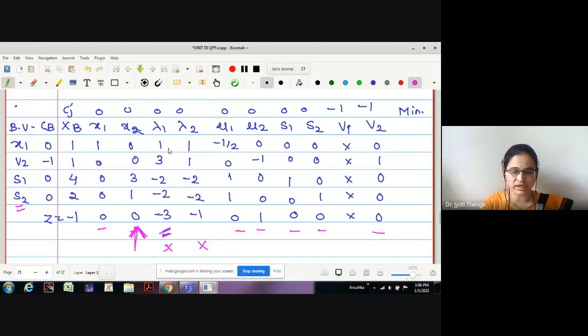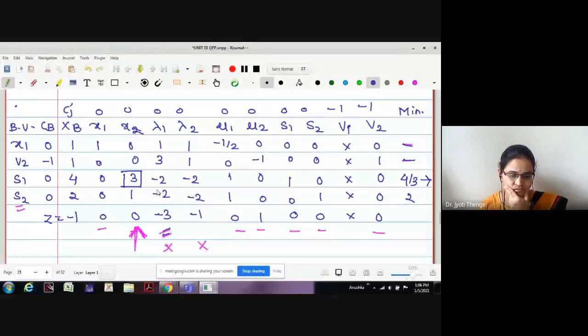If I look at the x2 column, the first two entries are 0. Therefore, let me drop the first two entries. xb upon x2: 4 by 3, 2 by 1. Which variable is going to leave the basis? S1. 3 is the pivot.